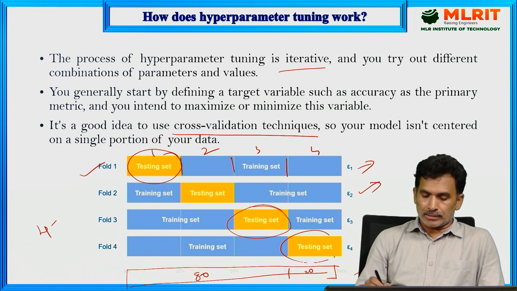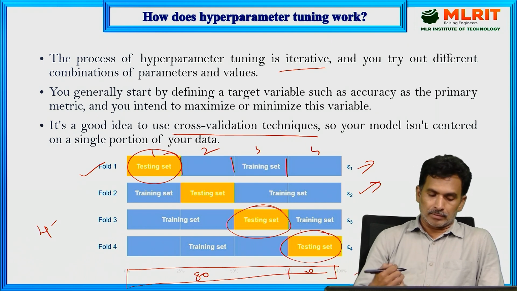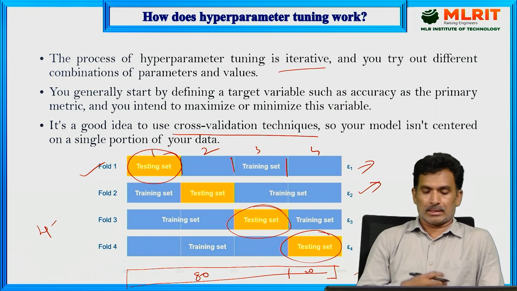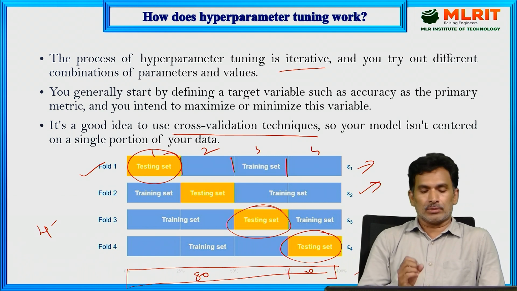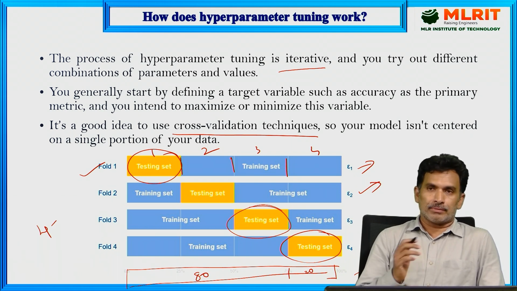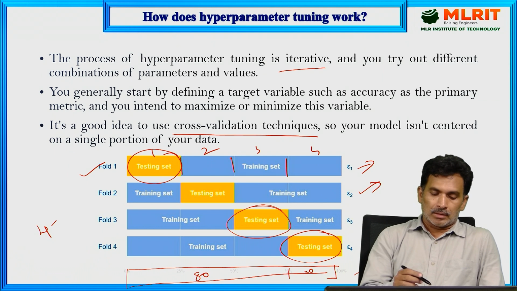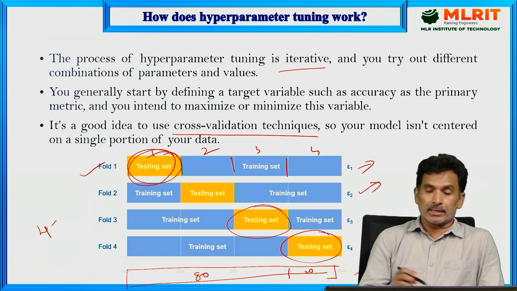Here you can see, if you observe this 4-fold cross validation technique, we have divided the entire data set into 4 parts. Each time, we are using a different testing set and a different training set.